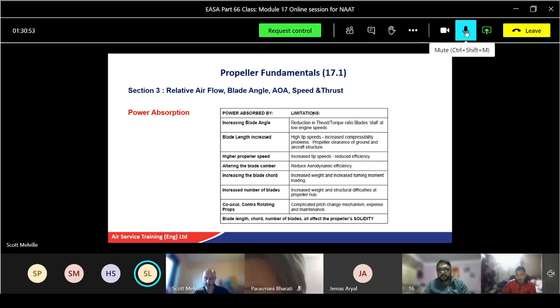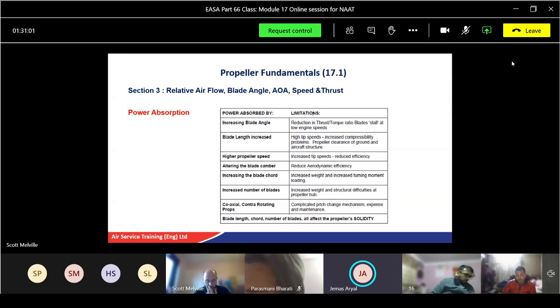Camber. Width of a blade. Angle of attack. And also the last one's the chord, the chord width, the length of the blade. So a high aspect ratio, low aspect ratio type is good. That's not far off there.